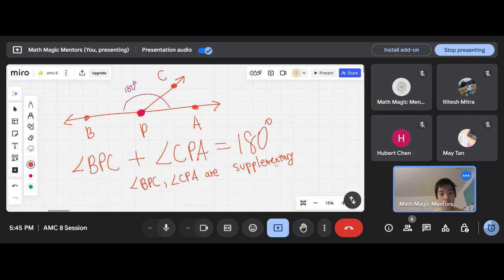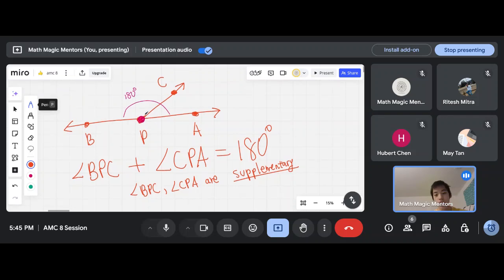So what this means is that if two angles are supplementary, they add up to 180 degrees. And they're typically presented in this fashion where these two angles highlighted in green add up to 180 degrees, which effectively forms a line.